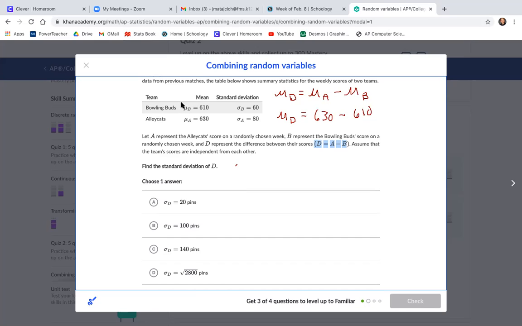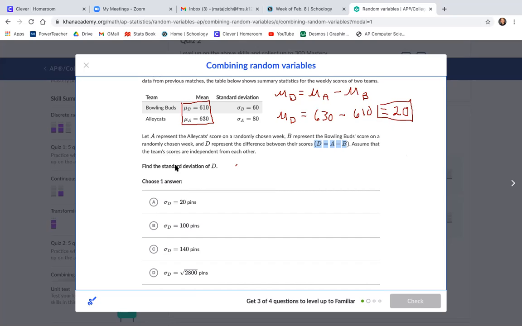I just got these values from this section right here. So the difference in scores, or the average distance between their scores, is 20, I don't know what the unit is, pins or something. There we go. That would be the mean.